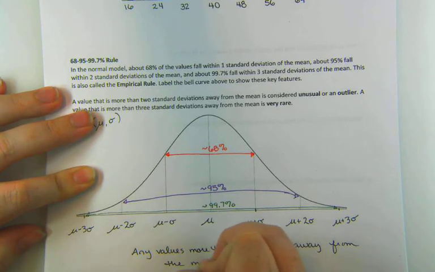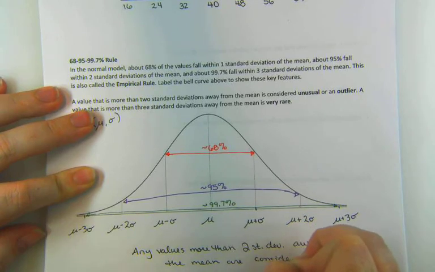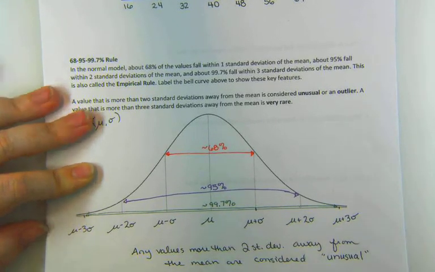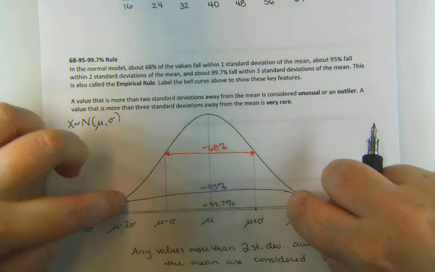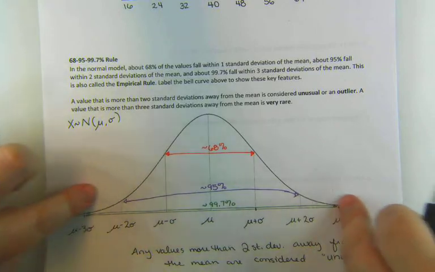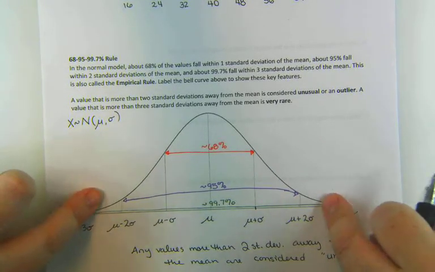Another rule of thumb that we use would be that any values more deviations away from the mean are considered unusual.